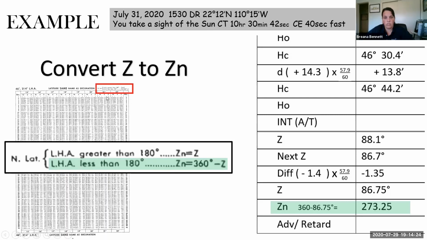So we use the rule at the top that says LHA was less than 180. So my Zn is going to be 360 minus Z. So I have 360 minus my 86.5 gives me a Zn of 273.